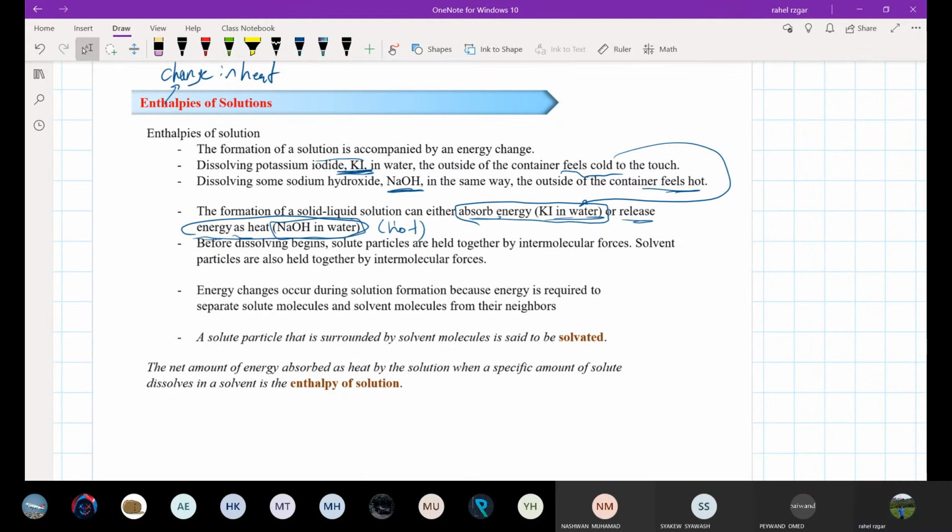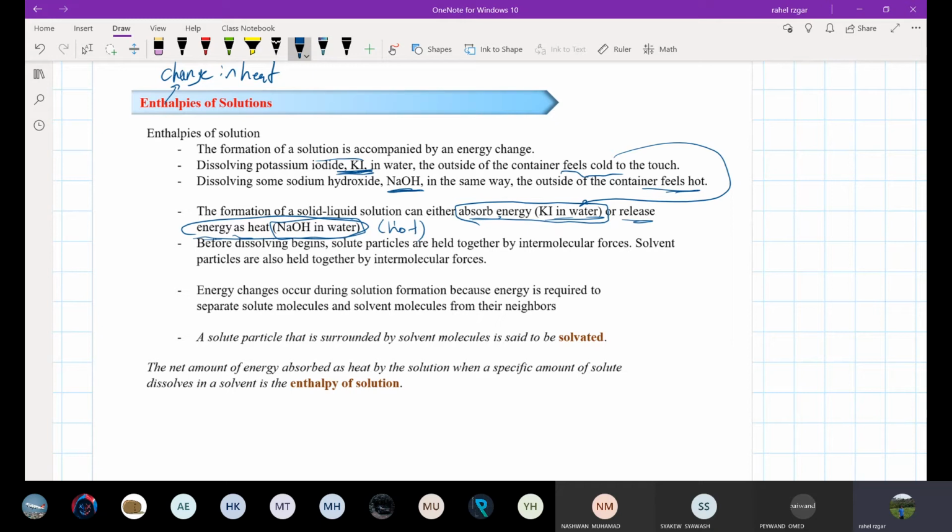Alright. Before dissolving begins, solid particles are held together by intermolecular forces. Solvent particles are also held together by intermolecular forces.